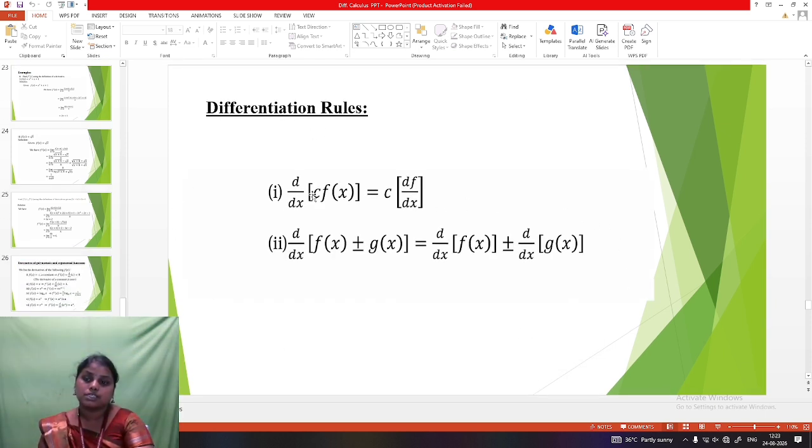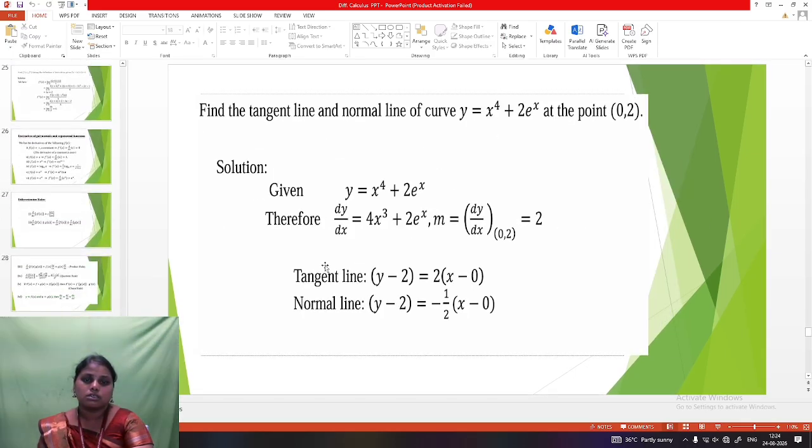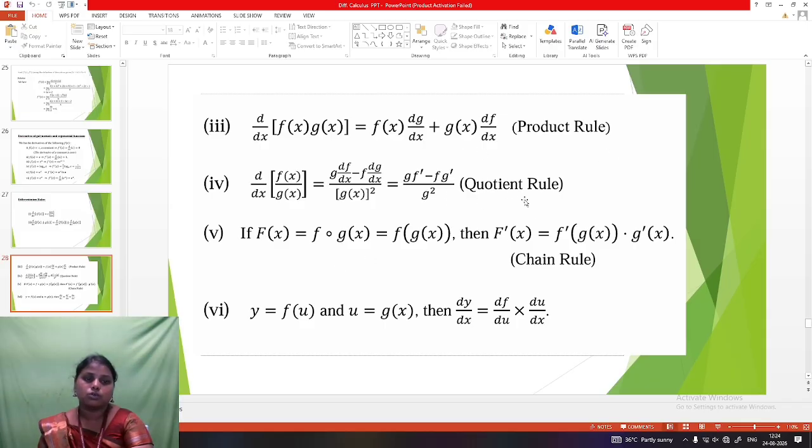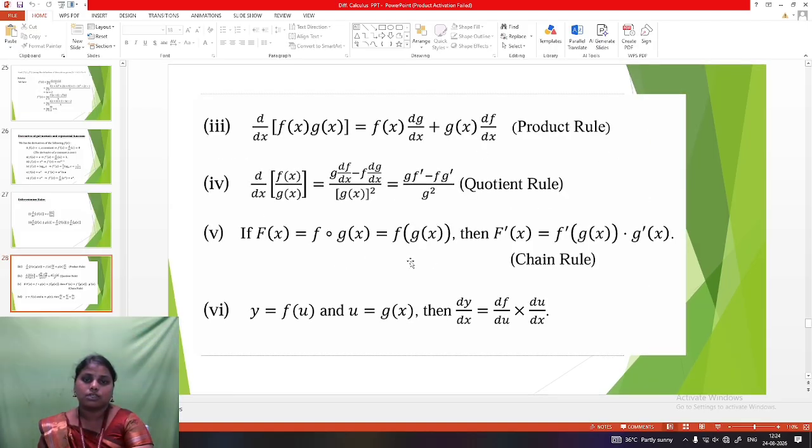Another one is the product rule and quotient rule, and the plus or minus properties. Plus or minus property: apply to individual terms. Next one: product rule, quotient rule, chain rule, tangent values.